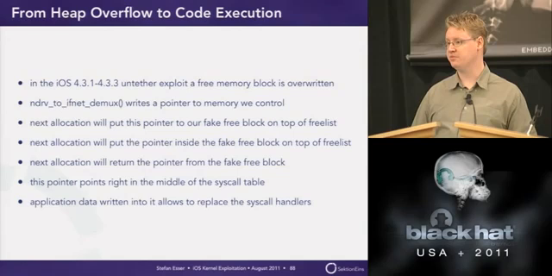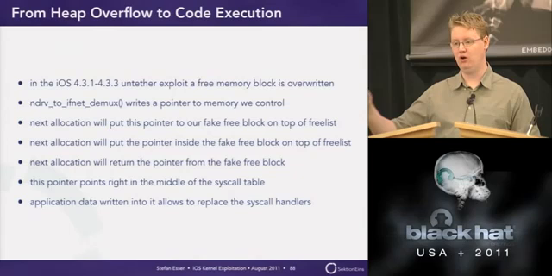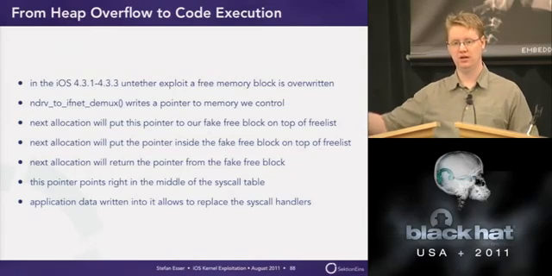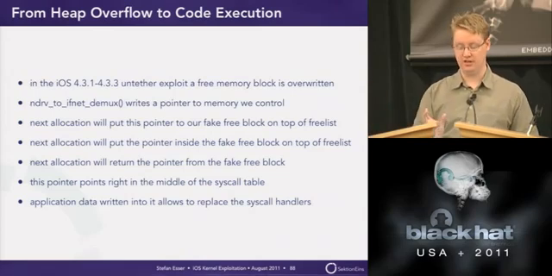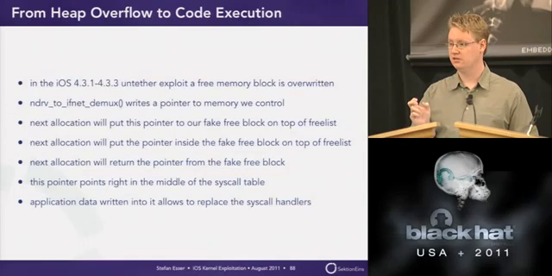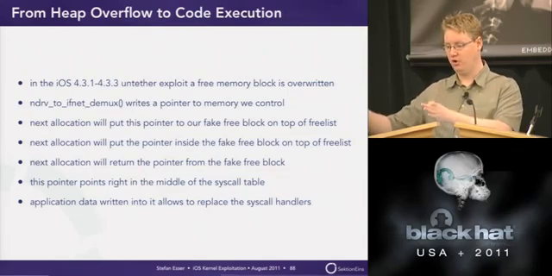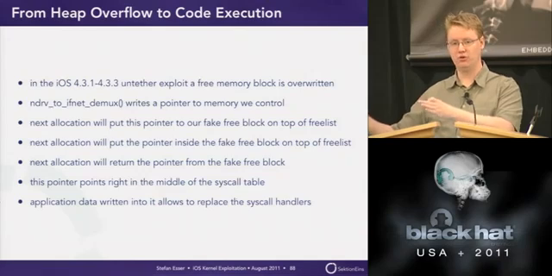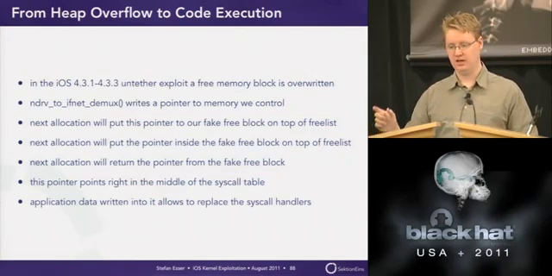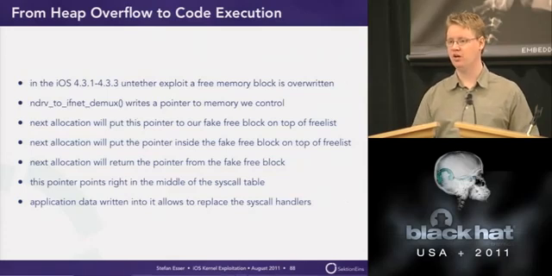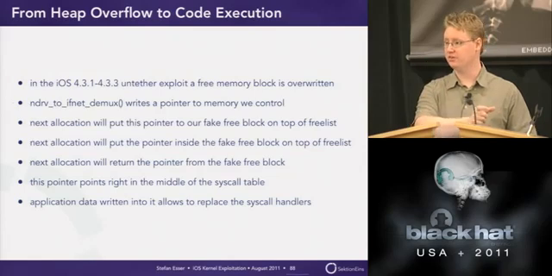So the next time something is allocated, it will actually put our block that we control into the head of the free list. The next time something is allocated, the block that we completely control is taken and returned, and the first 4 bytes that we completely control will be made the head of the free list.